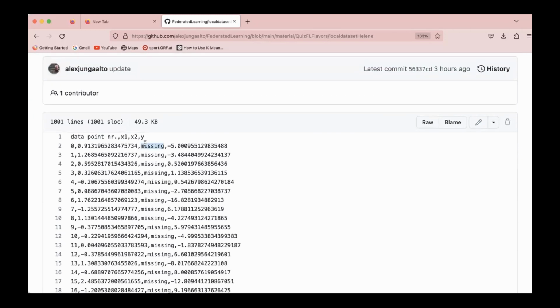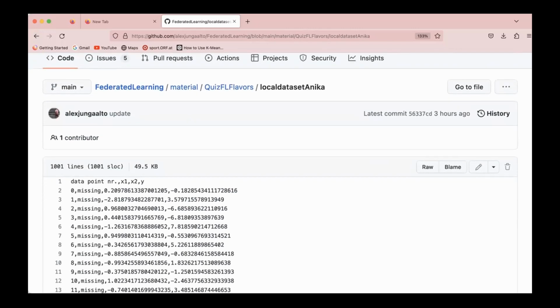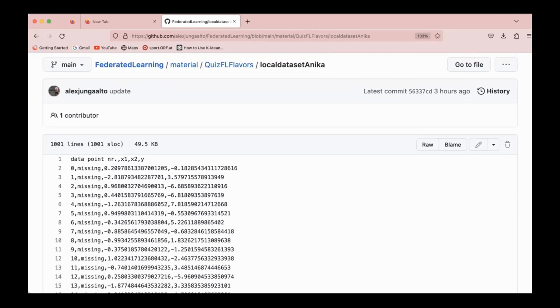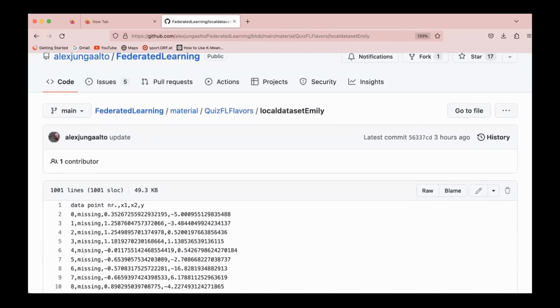But what do we do with the missing data? Well, it turns out, and this you actually have to find out, some of these local data sets are based on the same samples, the same data points. So your task is to find out which local data sets come from the same underlying sample or data points, and then you can use those to impute the missing features.